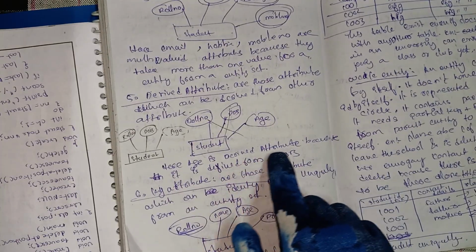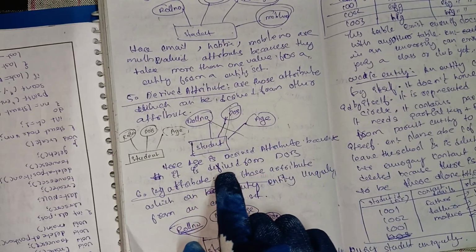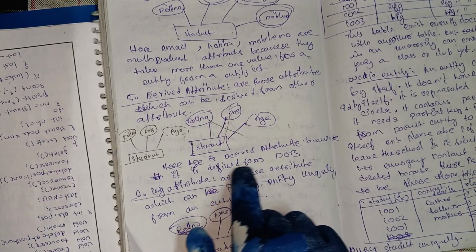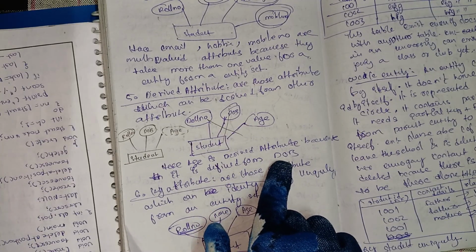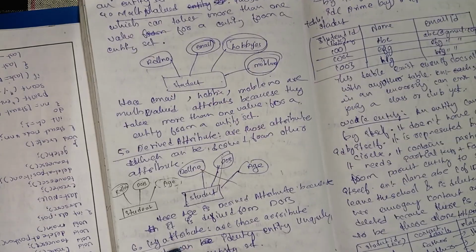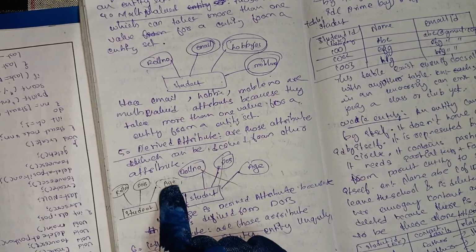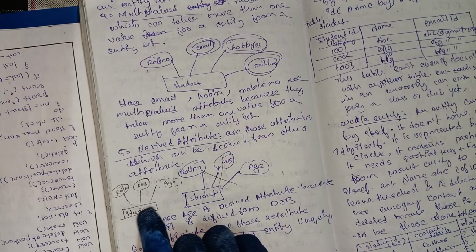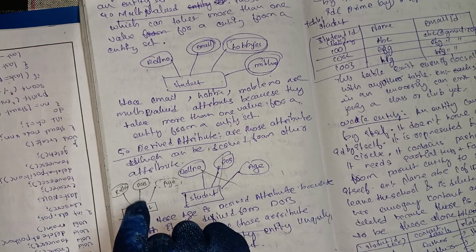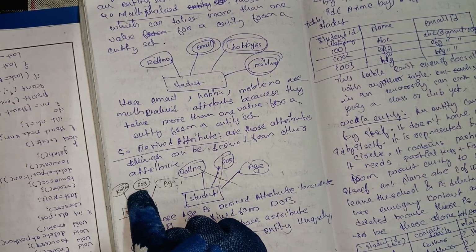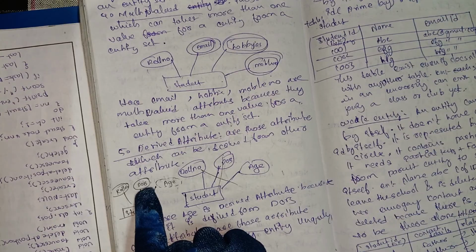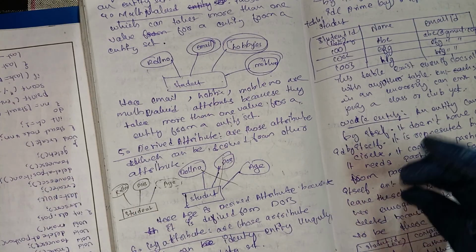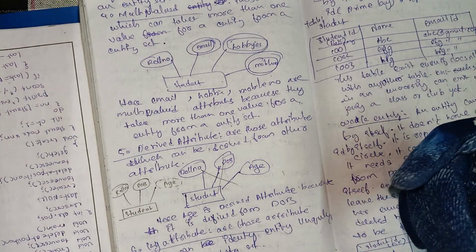Here, age is a derived attribute because it is derived from date of birth. A derived attribute is represented by a dotted circle, a dotted oval. Using some functions we can derive it.